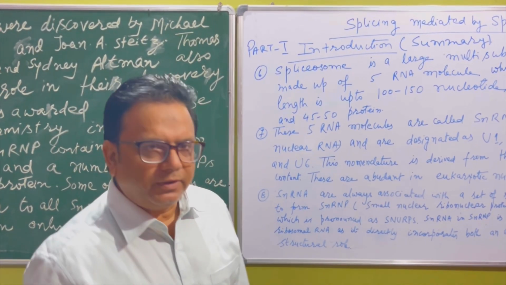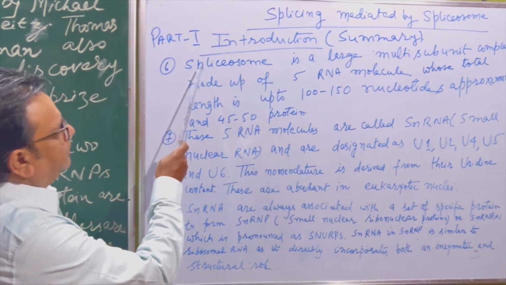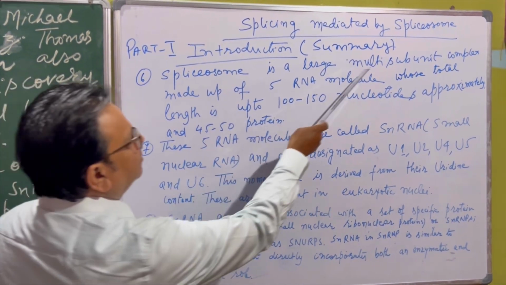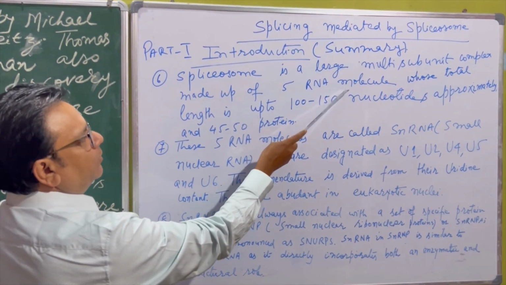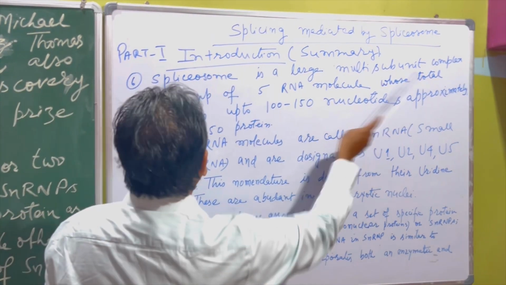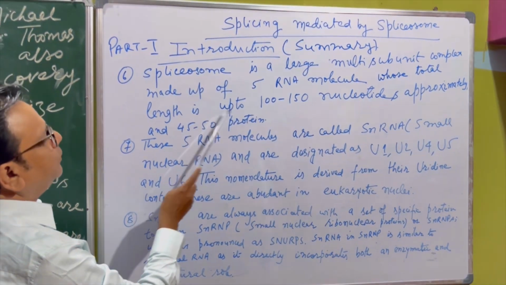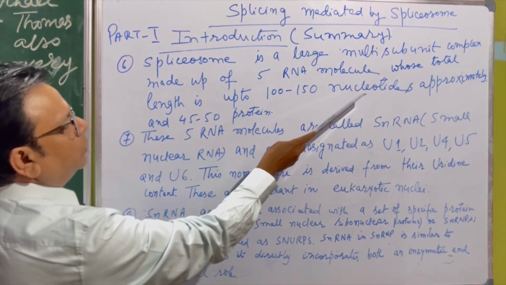So point number 6, you see here, a spliceosome is a large multi-subunit complex made up of 5 RNA molecules whose total length is approximately 100 to 150 nucleotides.